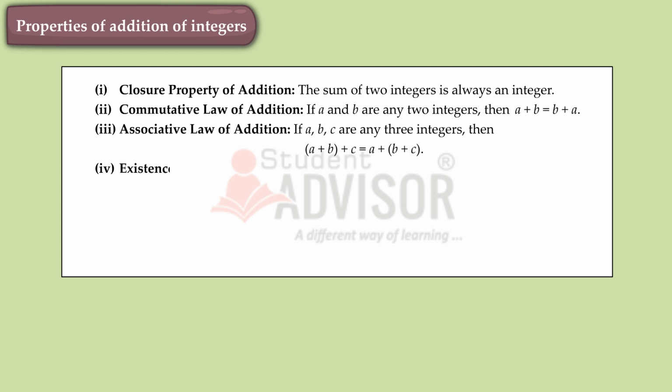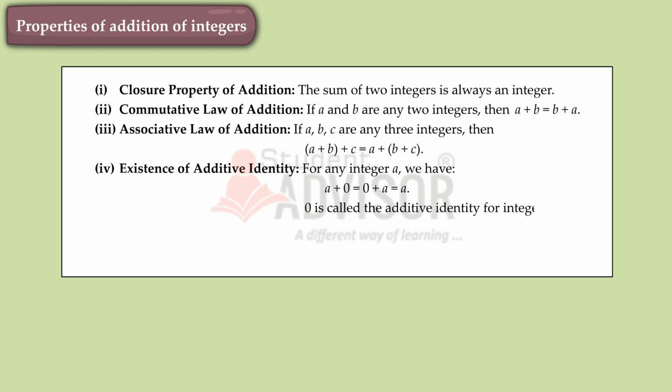Existence of additive identity. For any integer a, we have a plus 0 is equal to 0 plus a is equal to a. 0 is called the additive identity of integers.